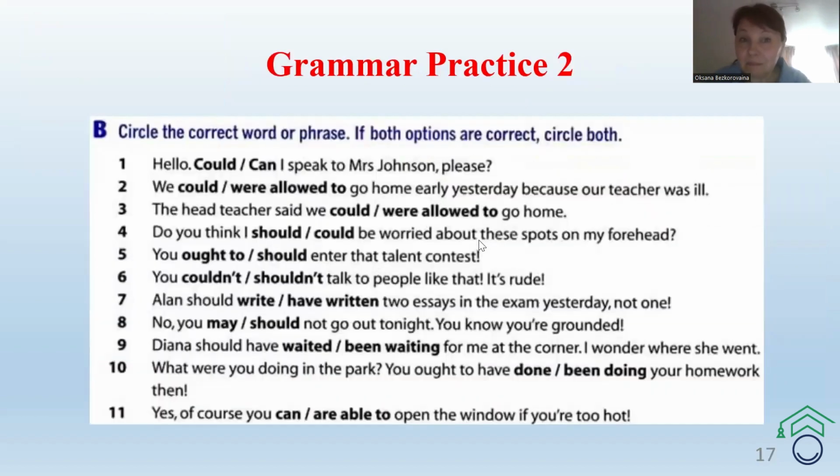Grammar practice 2. Circle the correct word or phrase. Sometimes both options are correct. So, German, can you start, please? Oh, Victoria, you're welcome. Hello, could I speak to Mrs. Johnson, please? So only one option is correct, in your opinion?